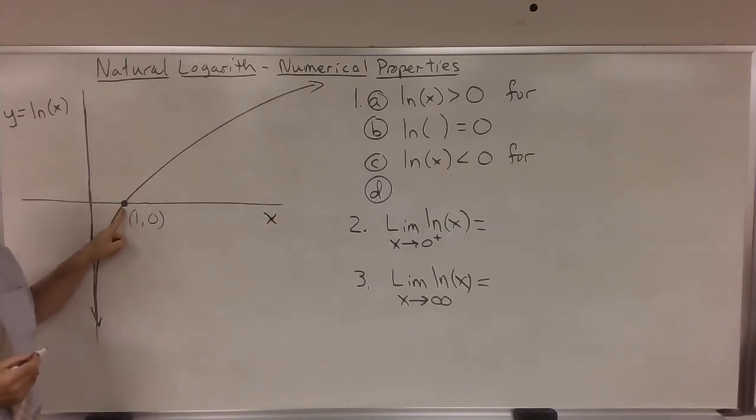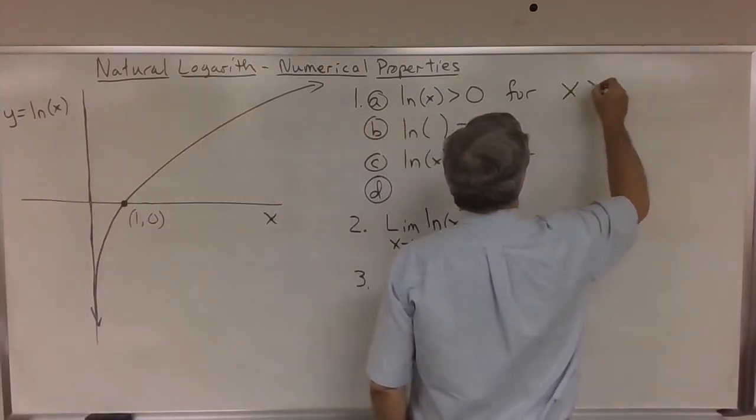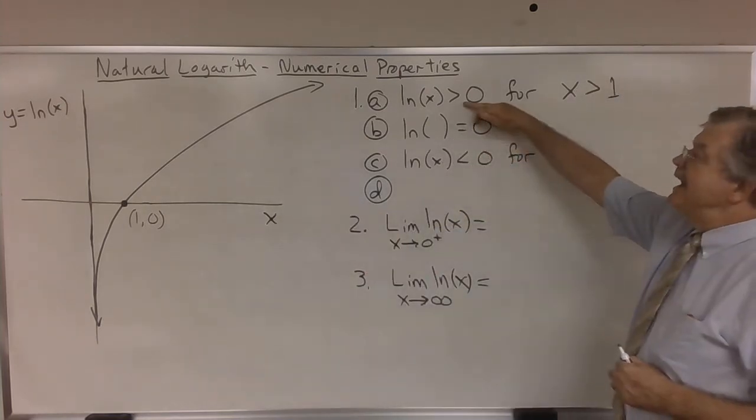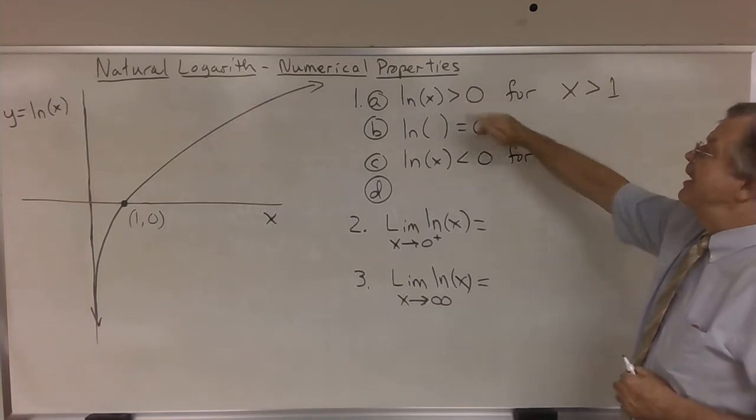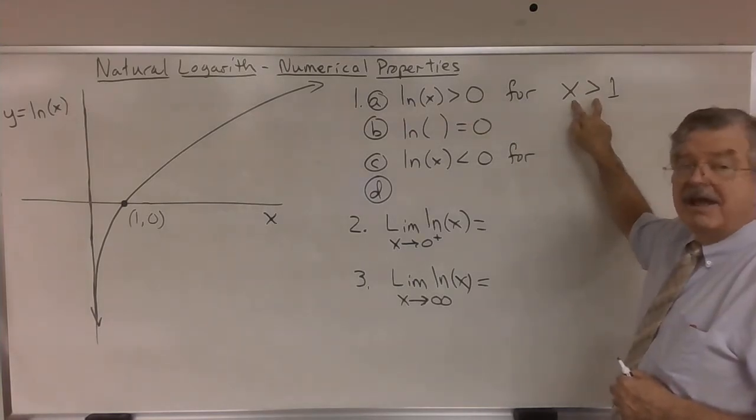In other words, for all values of x that are greater than 1. So, thanks to the fact that we know what that graph looks like, we know that the natural logarithm of x is positive whenever x is greater than 1, and vice versa.